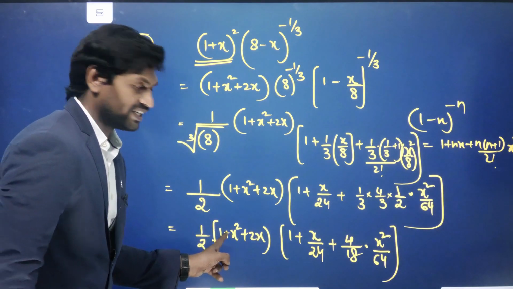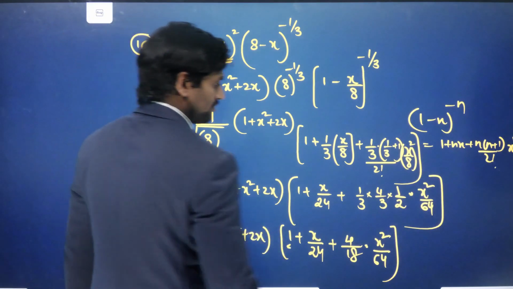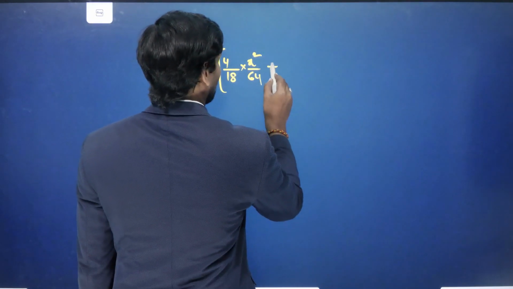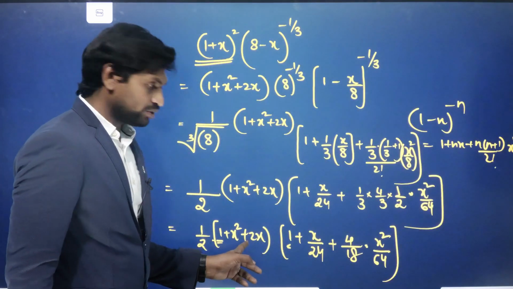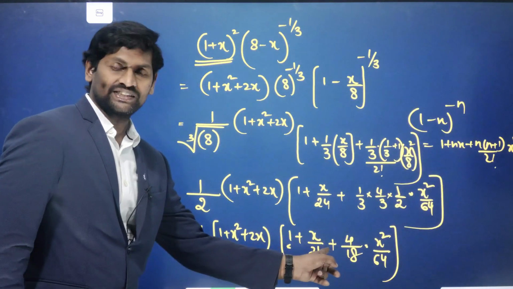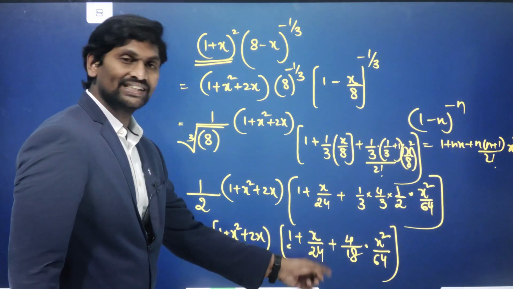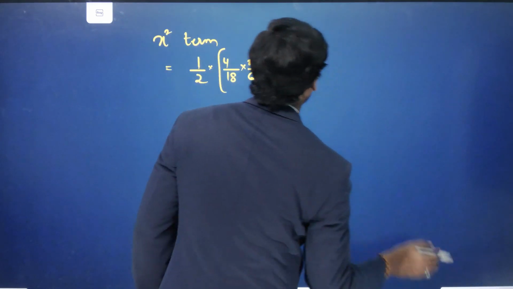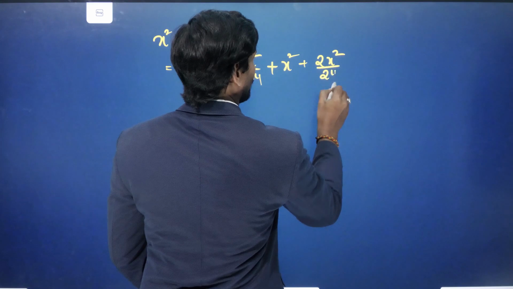Next with x square, with 1 only we should find. X square into 1 becomes x square. Now with x, 2x into x by 24, 2x square by 24, third term, plus 2x square by 24.